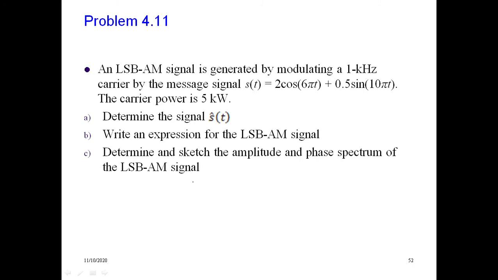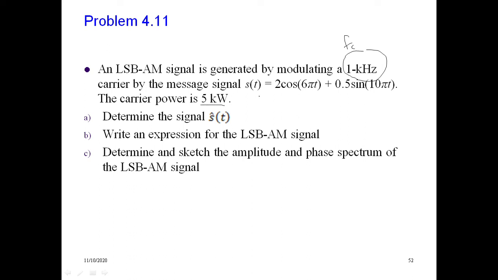So for problem 4.11, the lower sideband, just now was the upper sideband, is generated by modulating a 1 kilohertz carrier. The trick here is they give you the frequency f_c. But what is the function? For the carrier, it must be cos. But what is A_c? A_c we can find from here.